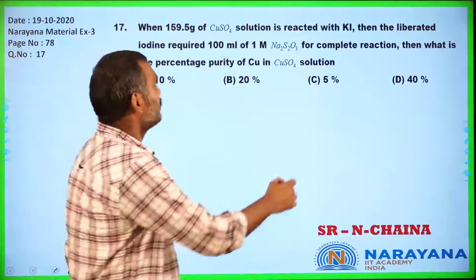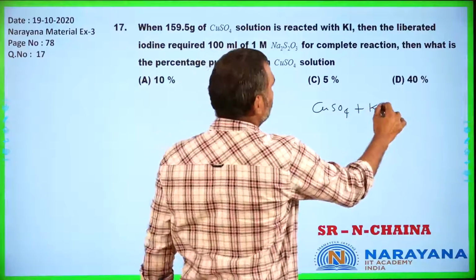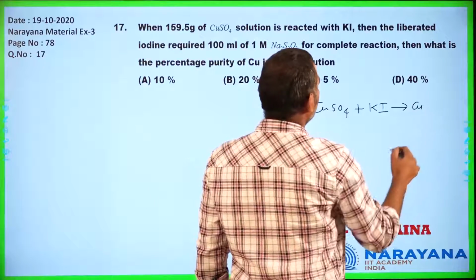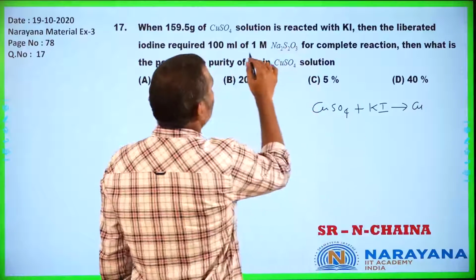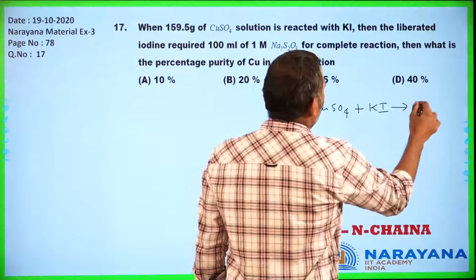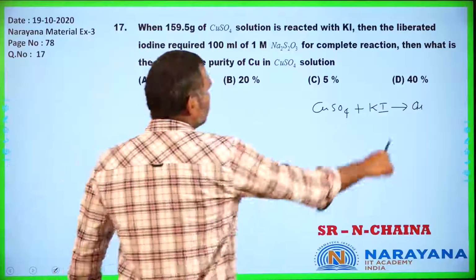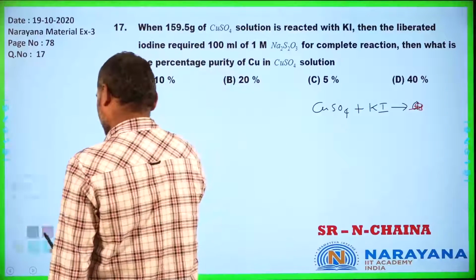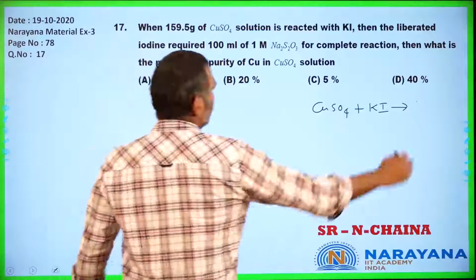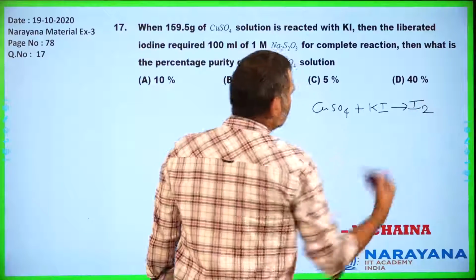Copper sulfate when reacted with KI solution produces what? Copper sulfate solution is treated with KI, then produces iodine.